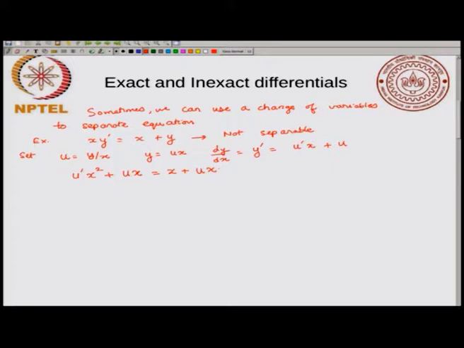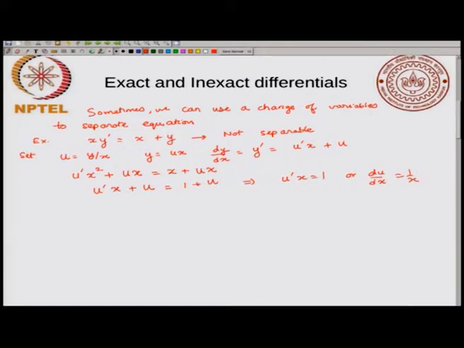What you can see is that immediately one x will cancel. So, what you get is u prime x plus u is equal to 1 plus u. And again a u will cancel. This implies u prime x equal to 1, or du by dx equal to 1 by x.